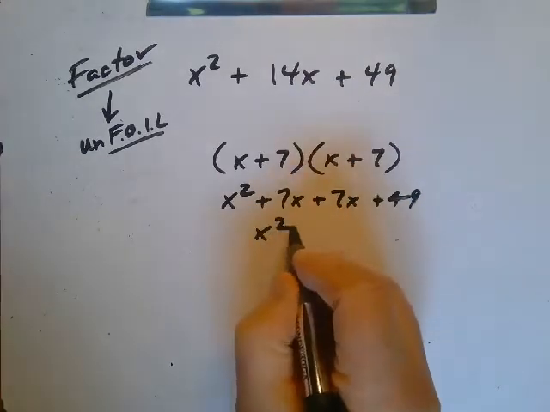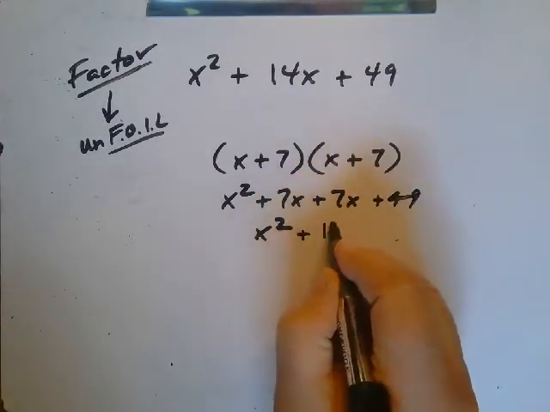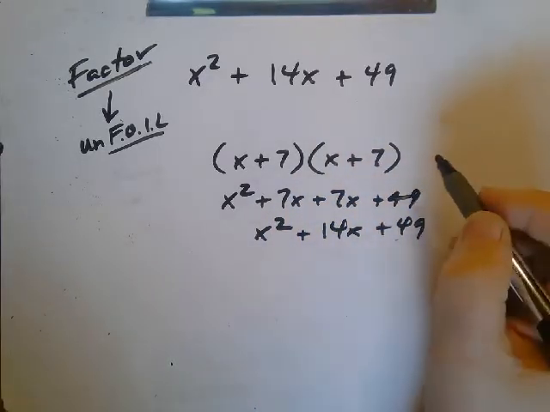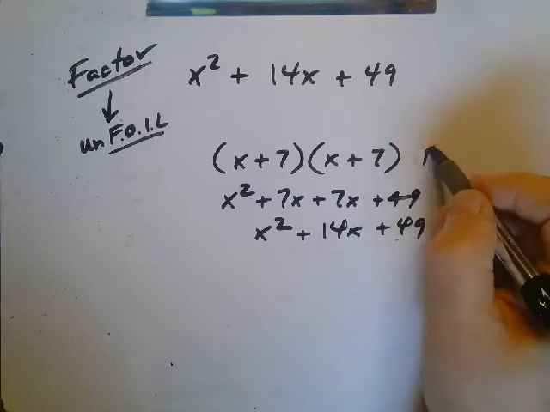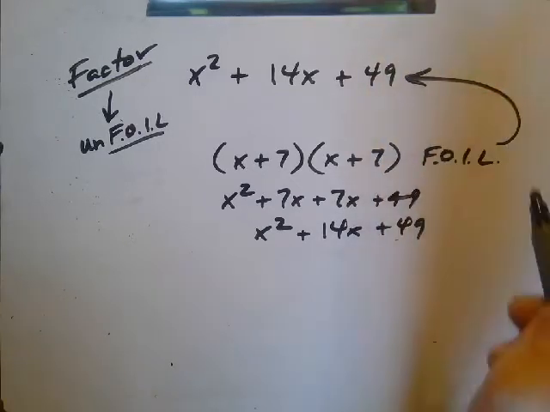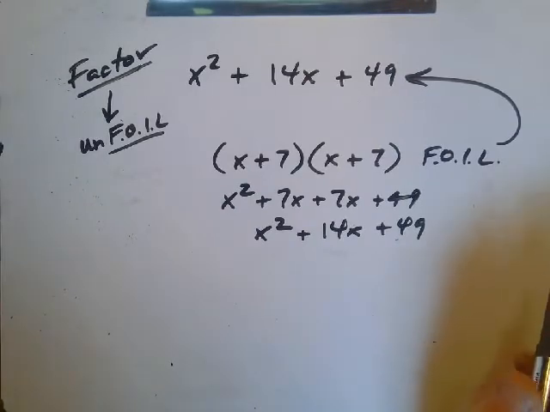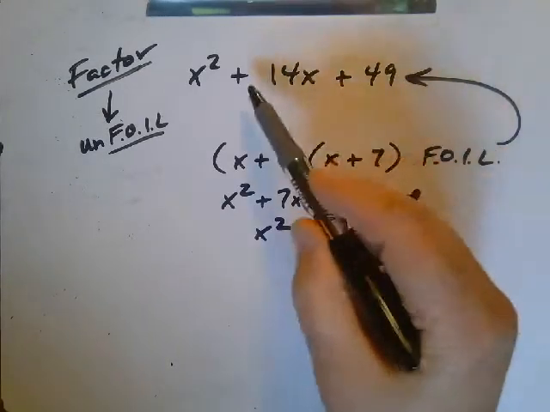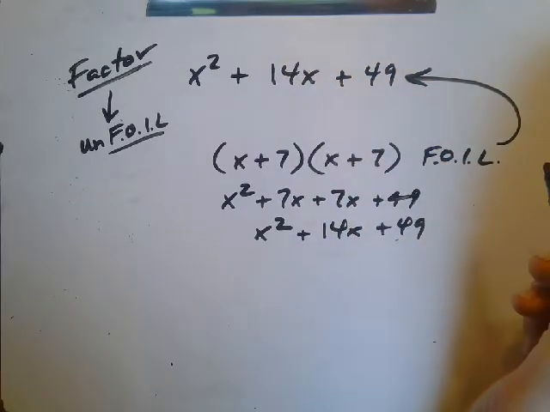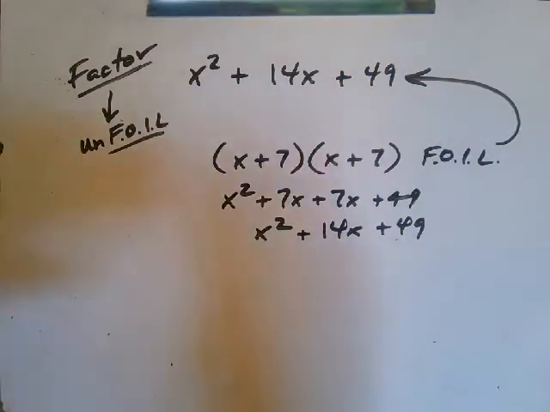Combining the middle terms, we get 14x plus 49. So you can see that if I foil something, I can end up with this. And our goal here is to actually unfoil, to figure out how to think about this to work backwards.